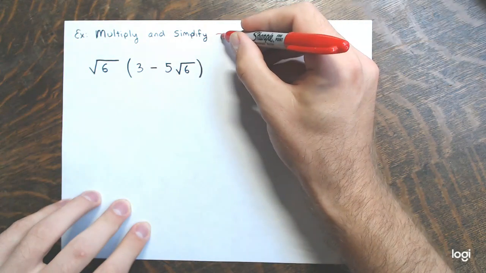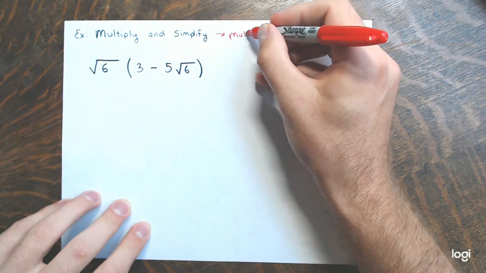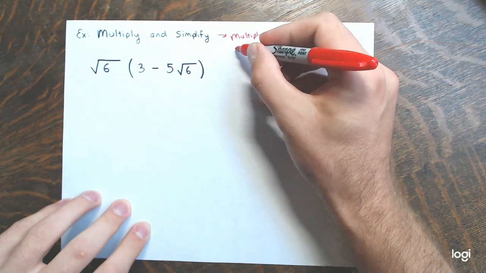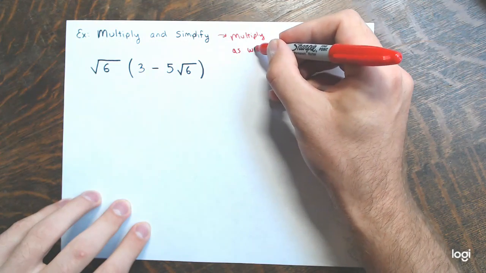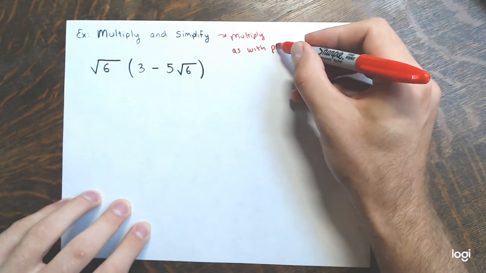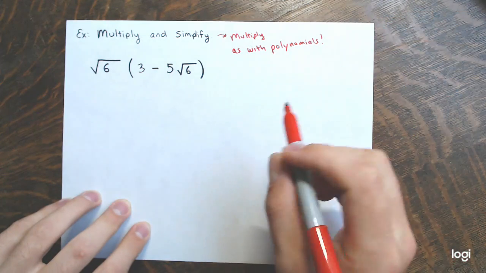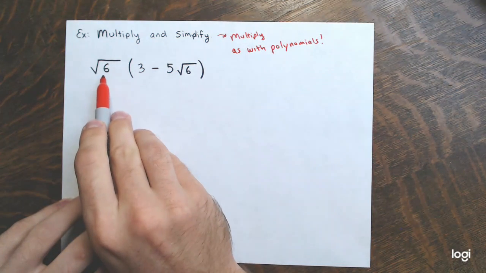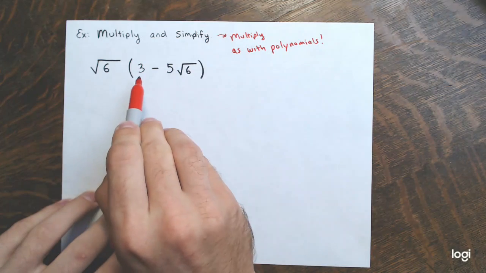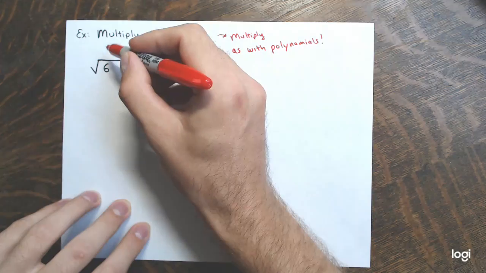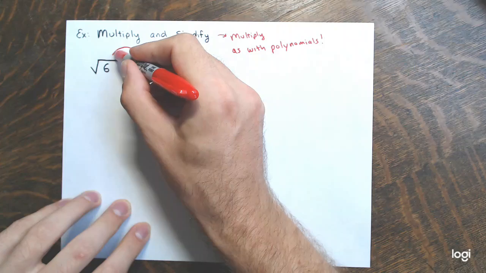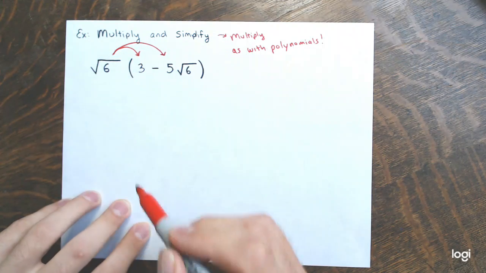Again, you multiply as with polynomials, as I did on that first page. You see how this is a one-term expression multiplied by a two-term expression, so you're using the distributive property, just distributing this one term to these two terms.